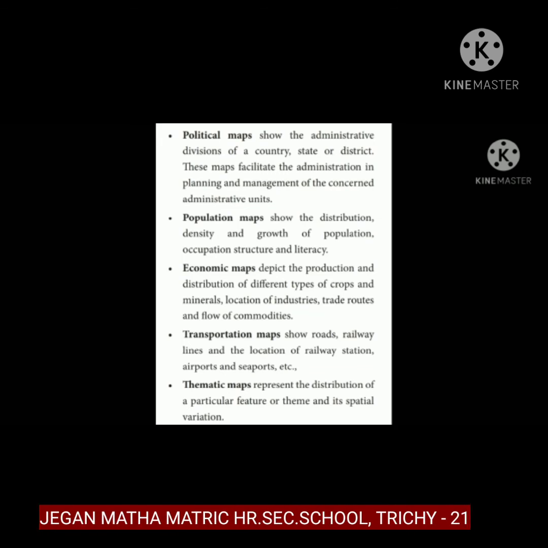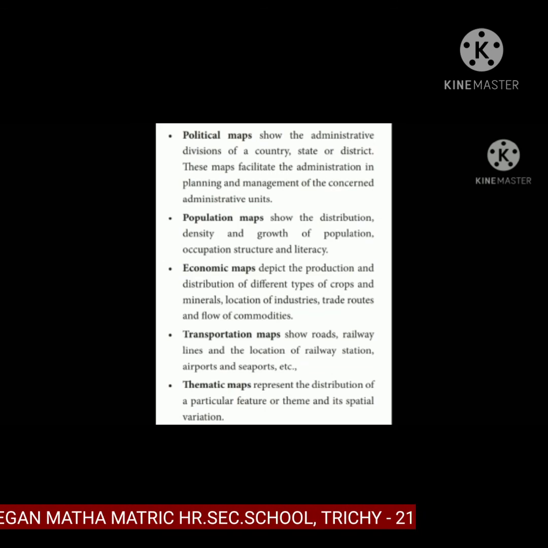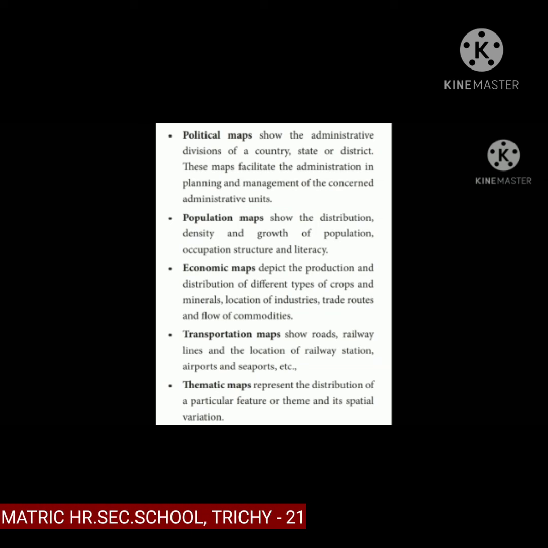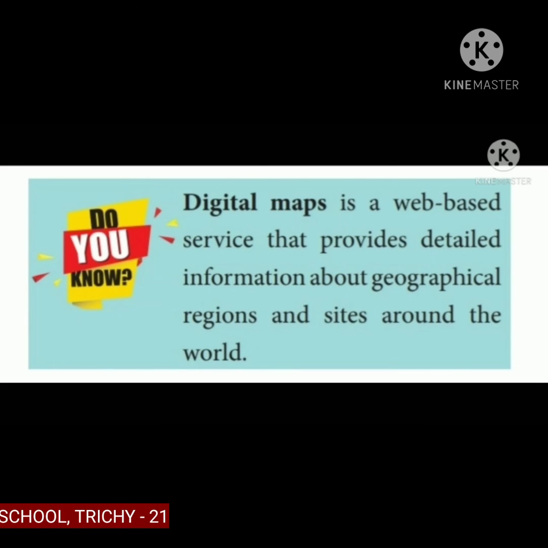Next, transportation maps show roads, railway lines, and location of railway stations, airports and seaports, etc. Thematic maps represent the distribution of a particular feature or theme and its spatial variation. Do you know digital maps is a web-based service that provides detailed information about geographical regions and sites around the world. Thank you.